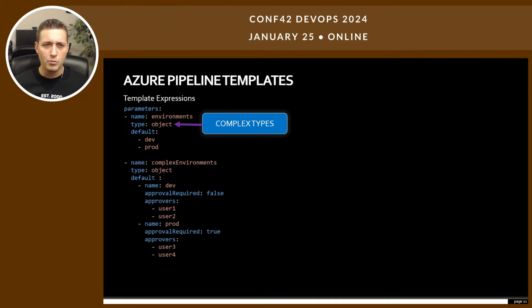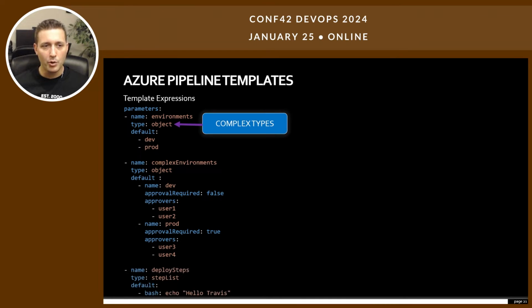We can also change that around a bit and use complex environments, where we take a list of complex objects. Notice this list below has some metadata about each environment now: approval required, the approvers that can approve that environment, that sort of information.